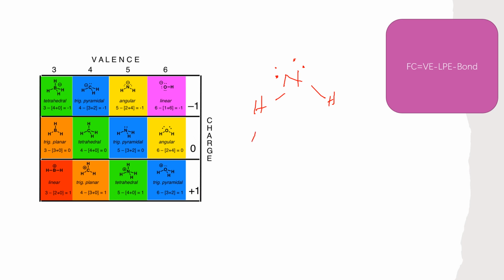So nitrogen, we worry about the nitrogen, group 5, therefore provides 5 electrons, and it has 4 lone pair electrons plus 2 bonds. Therefore it is -1. So this NH2 has -1 over here.